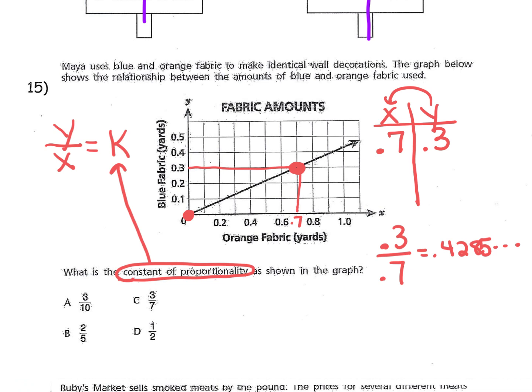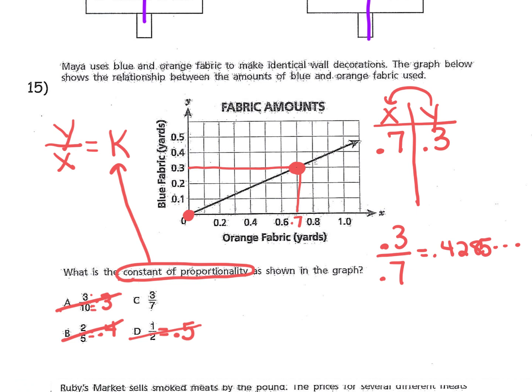Well, which one of these fractions over here do you think produces the same decimal? For example, 1/2 is equivalent to 0.5. That's not equivalent to the K rate we calculated. And 3/10 is 0.3. Well, that's not equivalent either. And in fact, if you do 2 divided by 5, you get 0.4. Well, guess what?